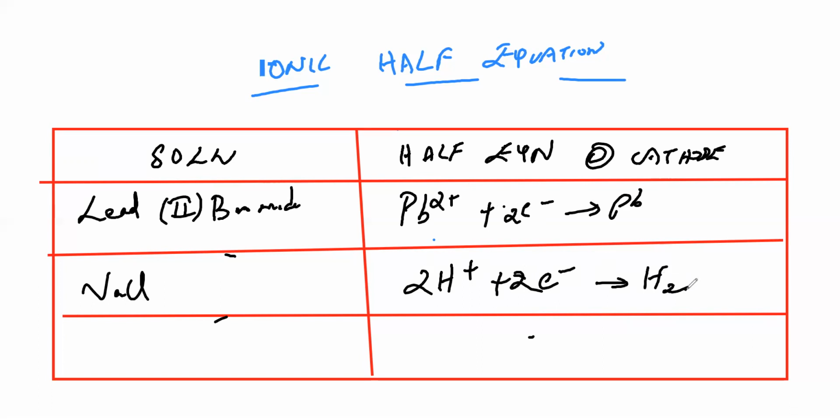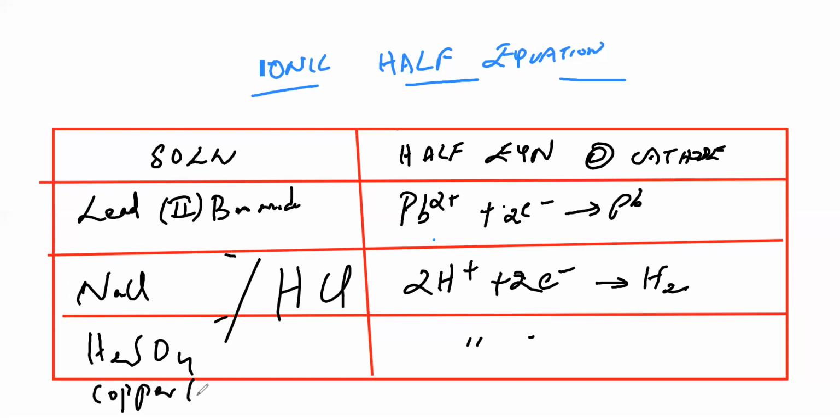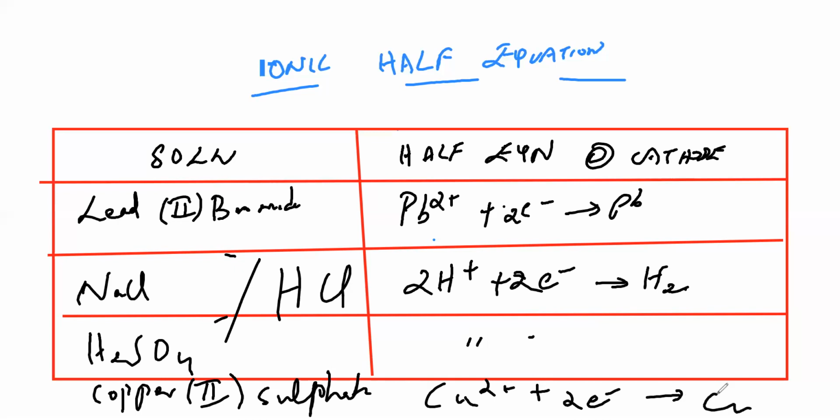Sulfuric acid, H2SO4: same thing, 2H plus plus 2e minus gives H2. Hydrochloric acid: same thing. Copper sulfate: Cu2 plus plus 2e minus will give Cu.